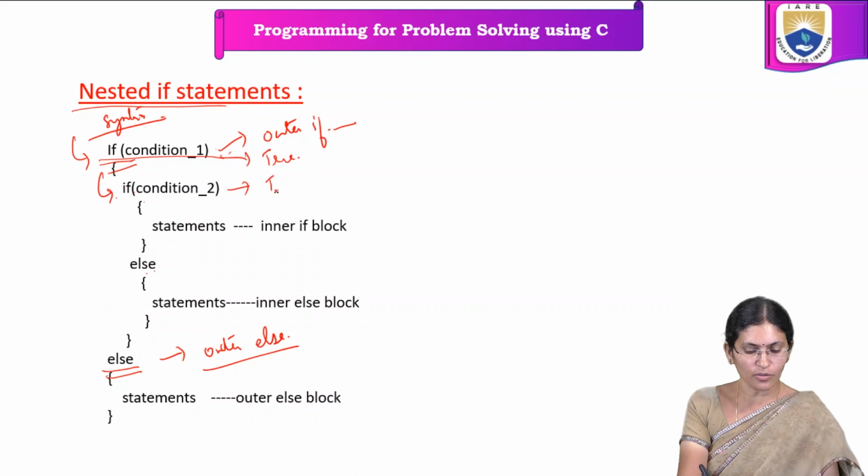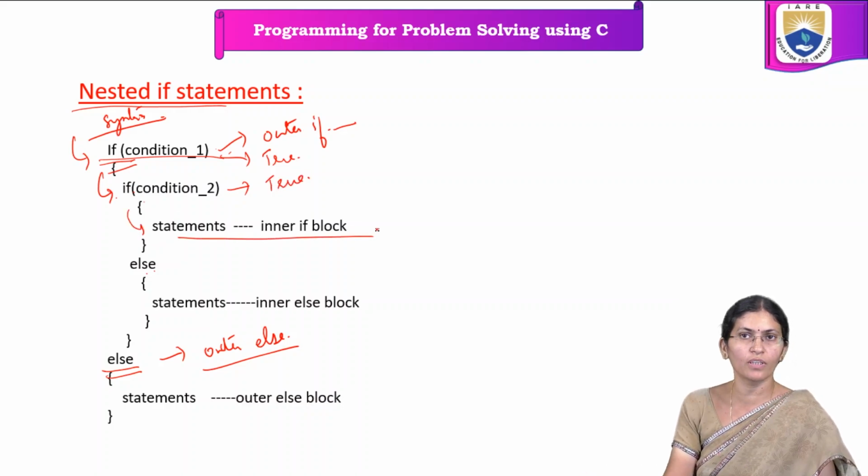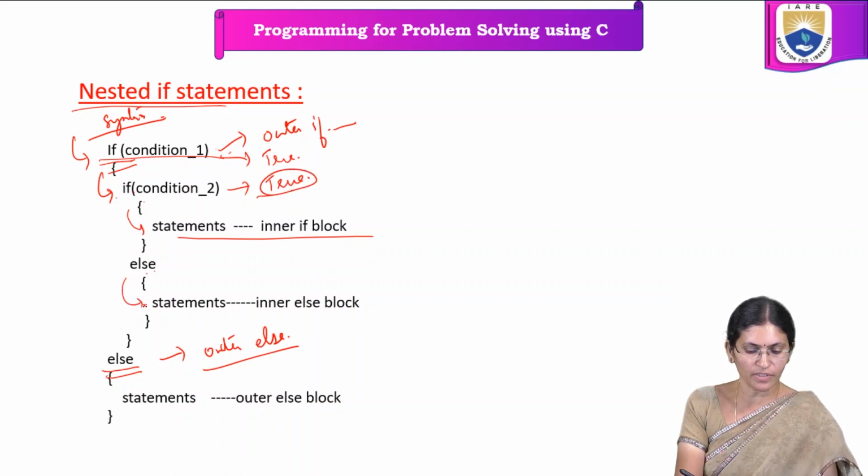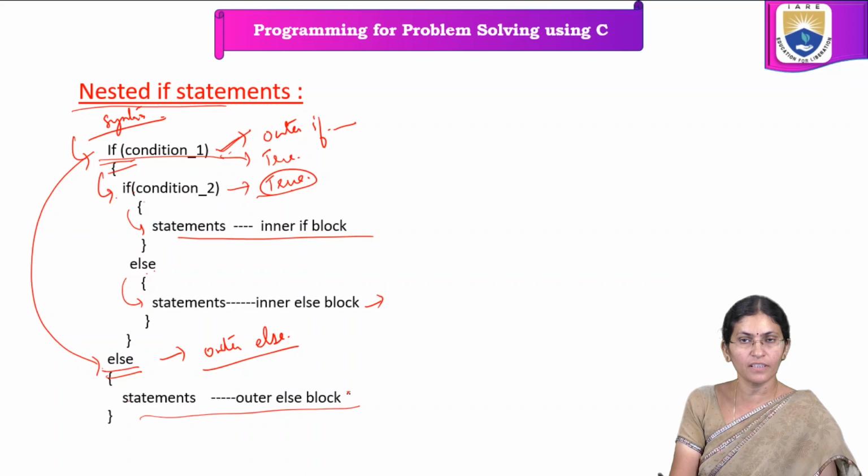If this condition is also true, then the statements inside the inner block are executed. If this condition is false, then the statements in the else block are executed. If the condition 1 itself is false, then the control is transferred to the outer else and the statements given in the outer else block are executed.